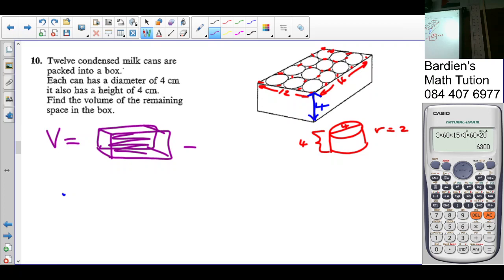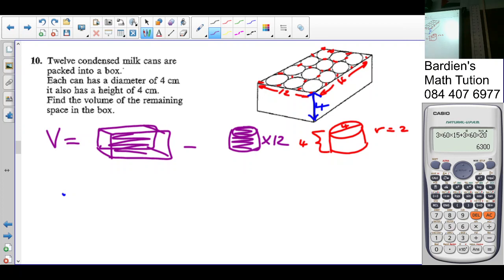So it's going to be minus 12 times. Remember the volume of your can? If I subtract the volume of the can, I'm only doing it for one can. How many cans are here? There's 12 of such cans.